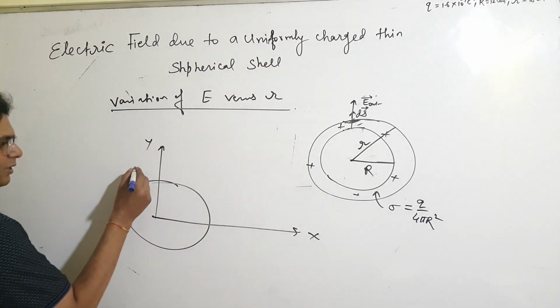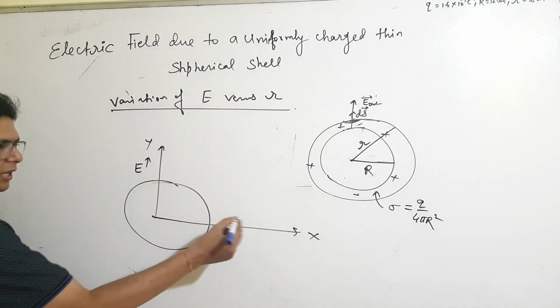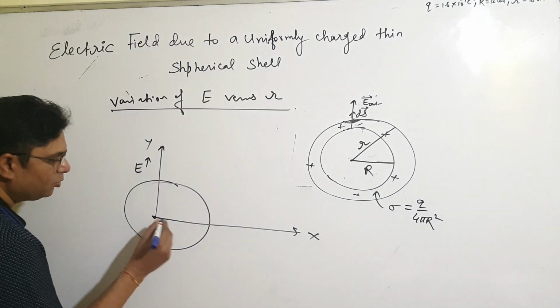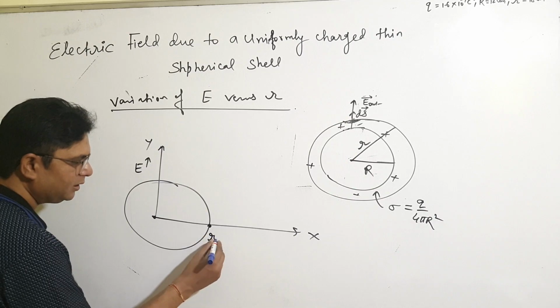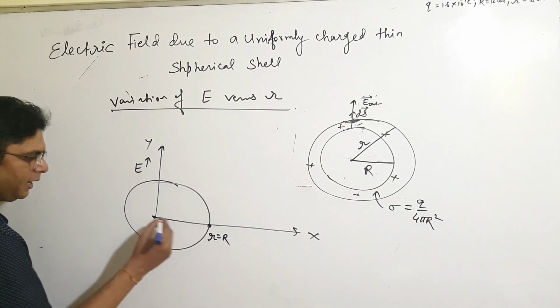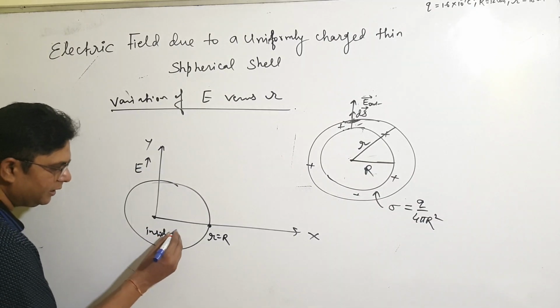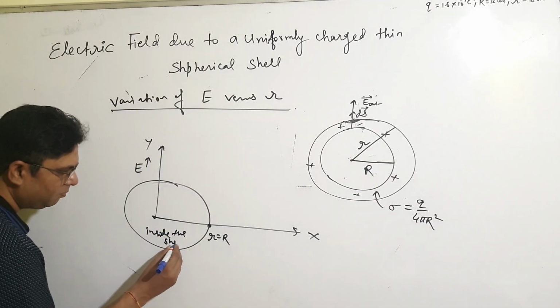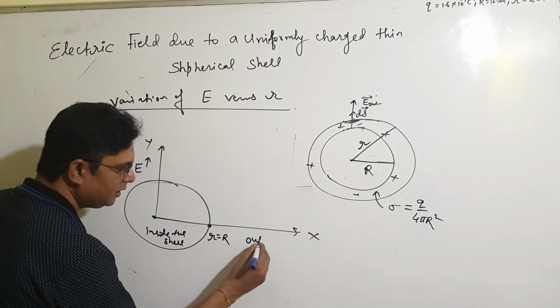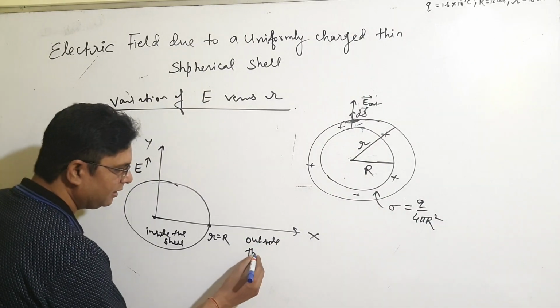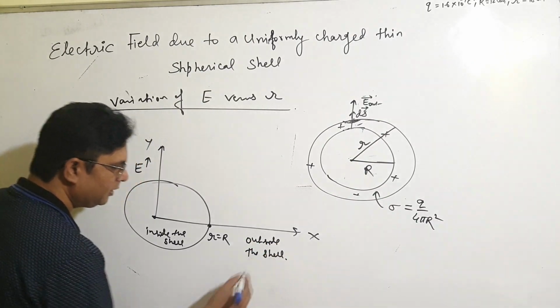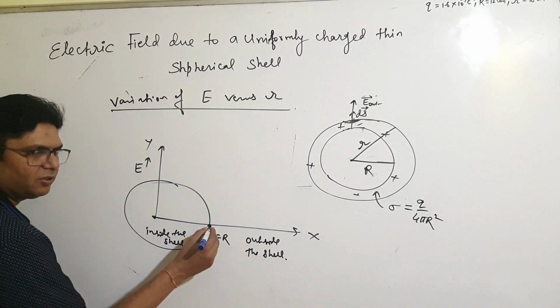Let on the y-axis we take electric field and on the x-axis we take distance. So this is the point where small r is equal to capital R, and here small r is inside the shell, this is outside the shell, and this is on the surface of the shell.